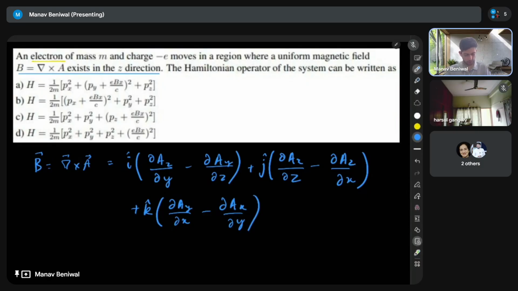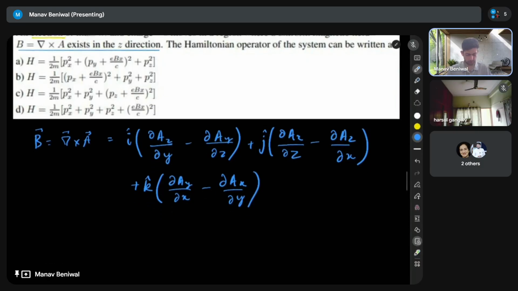Okay, so I have just taken curl of this vector potential A.